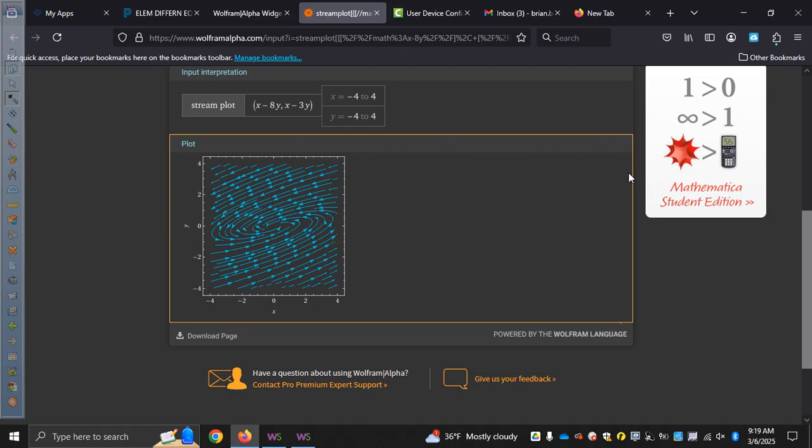And I definitely set my computer to dark mode. I like Wolfram Alpha in dark mode. How much does Wolfram Alpha Premium cost? Oh, so much. I do Wolfram Alpha Pro.